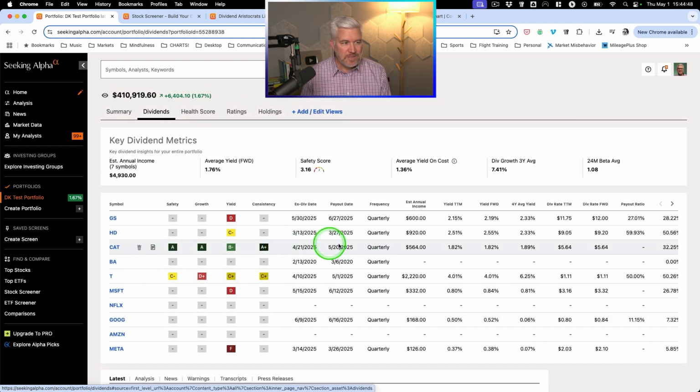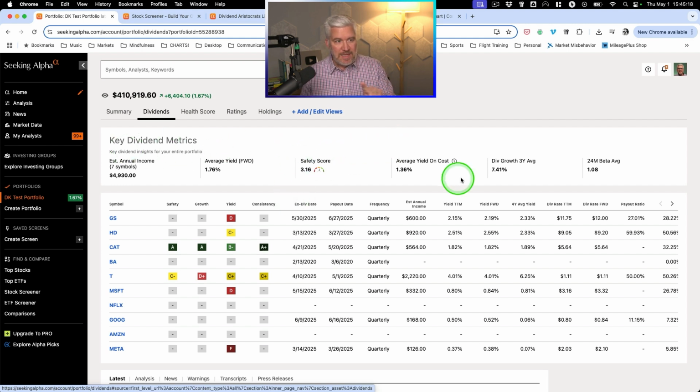But you can see something like Caterpillar with a fairly consistent dividend has ratings in some of these different categories, which are basically ratings on their dividend safety, dividend growth, dividend yield, and dividend consistency. We can see when this is going to go ex-div, which is basically when you need to own the stock to get the quarterly dividend payment. And we can go to the right to see things about estimated annual income and yield and things like that.